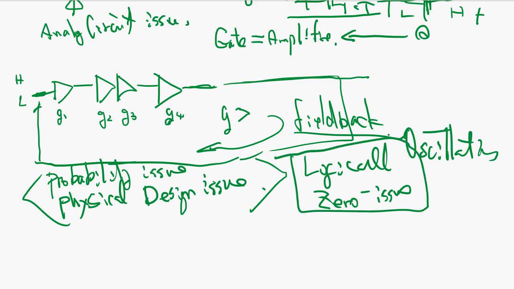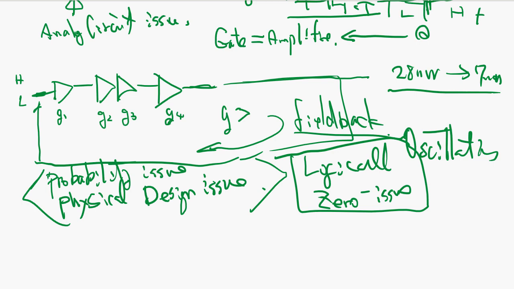Logically zero issue, but now you're bringing a lot of physical problems by scaling from 28 nanometer to 7 nanometer. So the yield suddenly dropped.